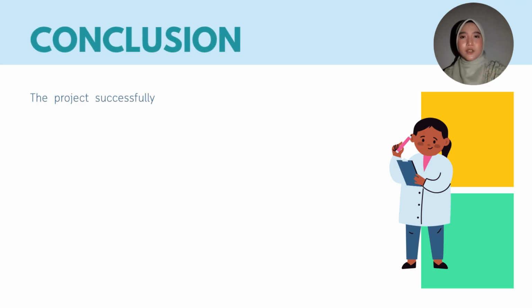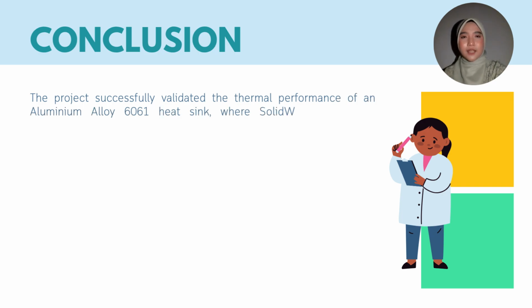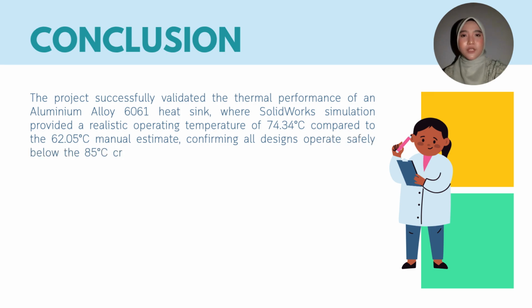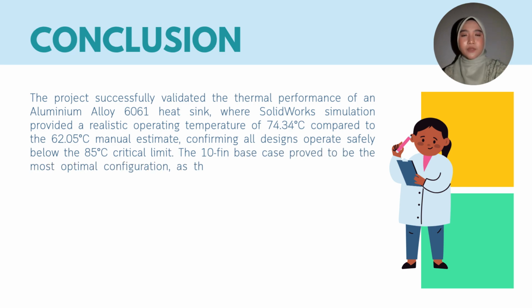Next, for the conclusion, the project successfully validated the aluminum alloy 6061 heatsink with SolidWorks simulation providing a realistic 74.34 Celsius compared to the 62.65 Celsius manual estimate. All iterations remain safely below the 85 Celsius limit, confirming the system reliability for passive thermal management.